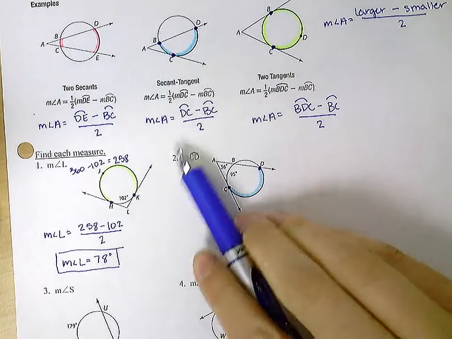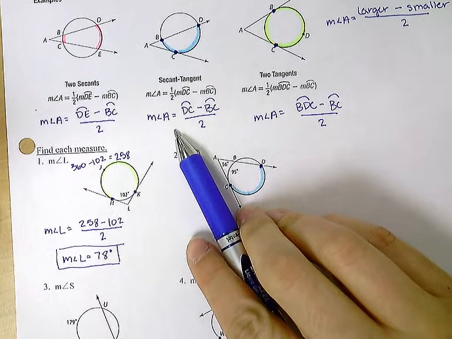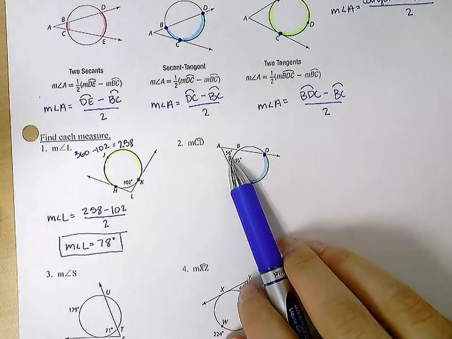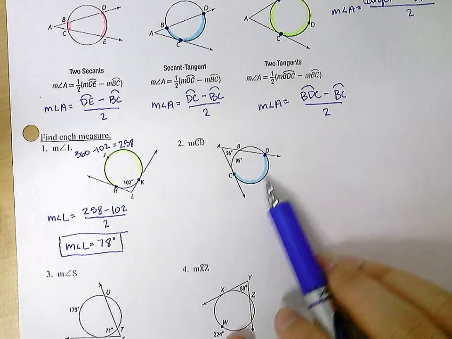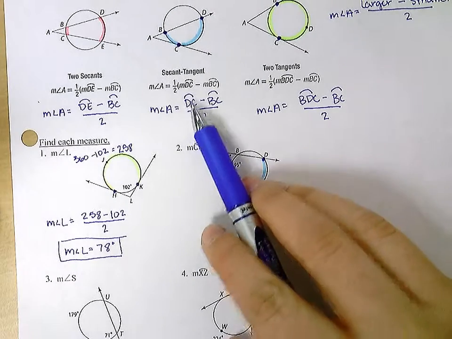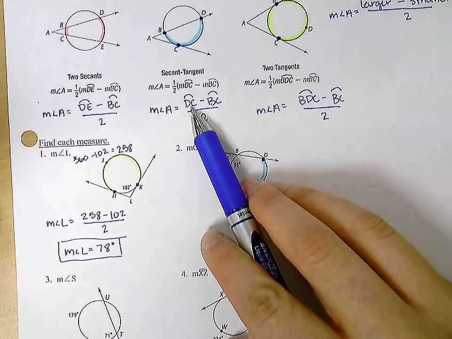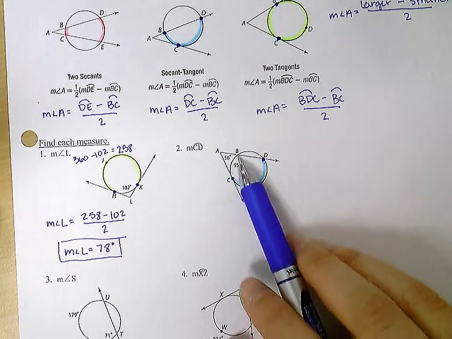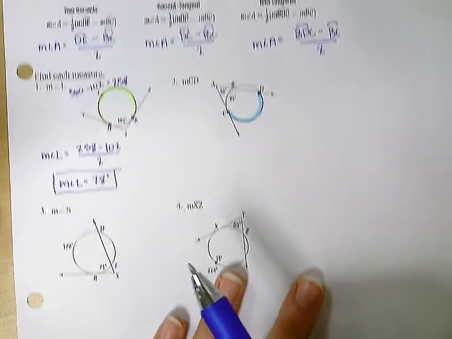So we're just going to use the same formula. Okay, so where it says the measure of angle A, we'll plug in the measure of angle A. Where it says our larger arc, we can just plug in the arc or we can plug in an x value, then subtracting our smaller arc and dividing by 2.